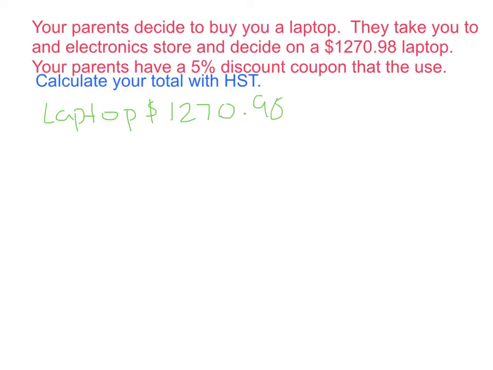I need to subtract my discount, which is 5%, and then I need to add my HST, and this is going to give me my total. Now I'm going to do it step by step. First I'm going to do my discount.